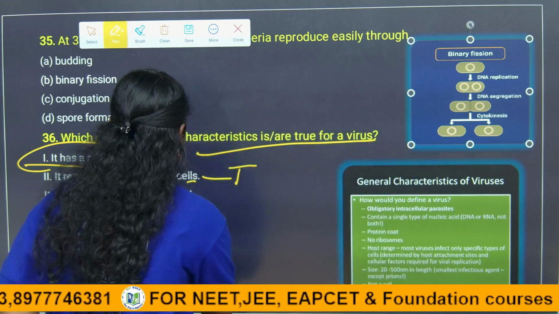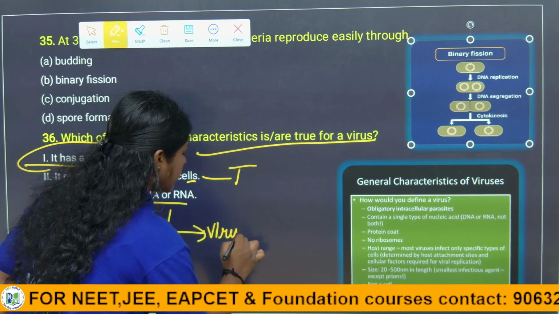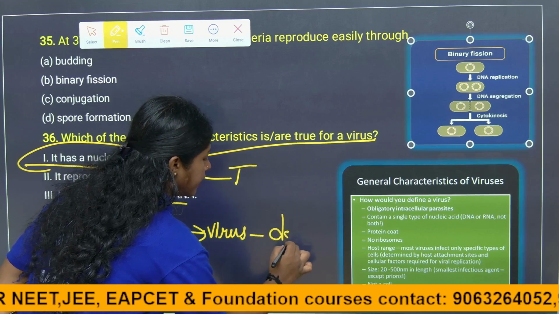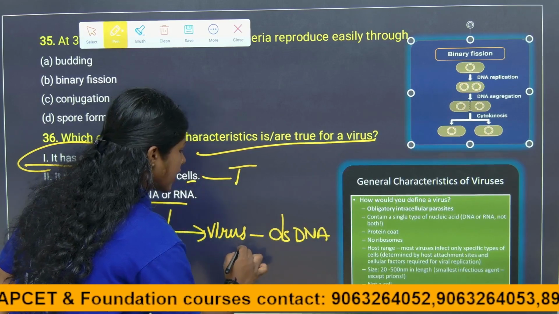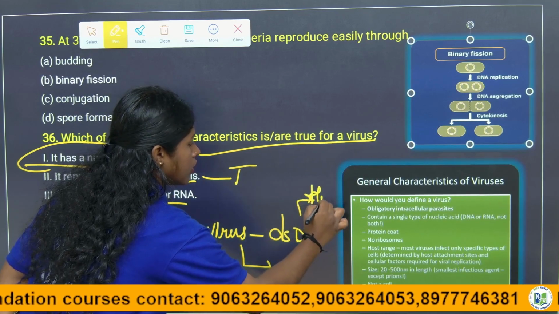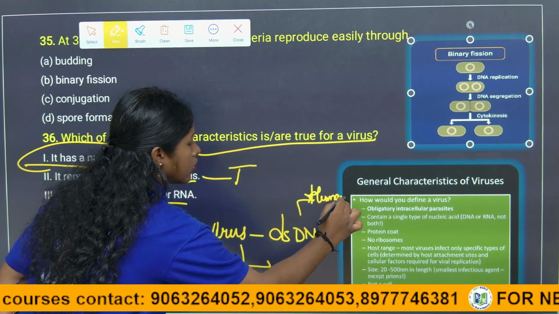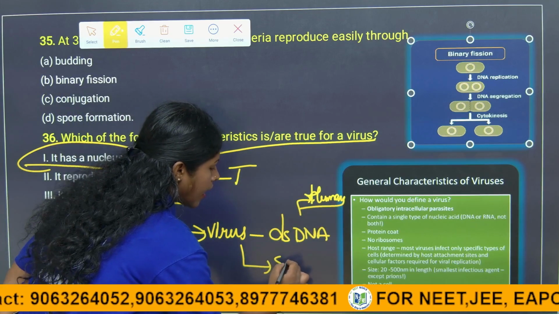Viruses which mostly attack human beings and animals have double-stranded DNA. Viruses which attack plants have single-stranded RNA.